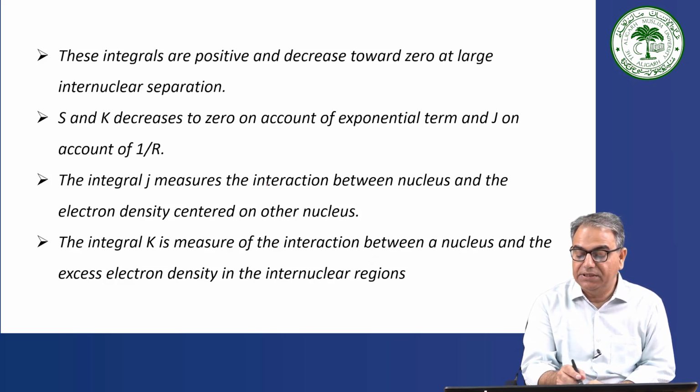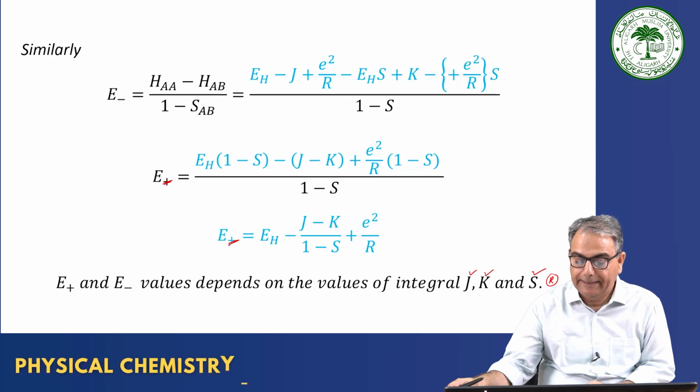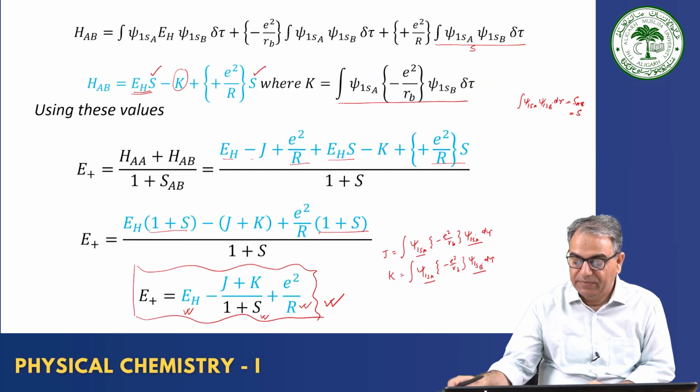The integral J measures the interaction between the nucleus and the electron density centered on the other nucleus, and the integral K is a measure of interaction between a nucleus and the excess electron density in the internuclear region. So, what is J? J is this integral 1SA 1SA, and K is 1SA 1SB.